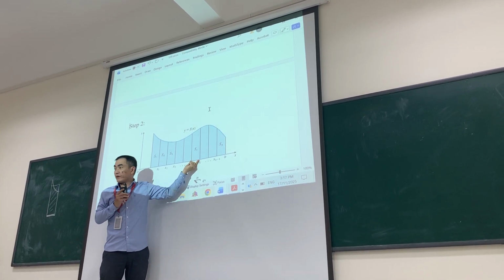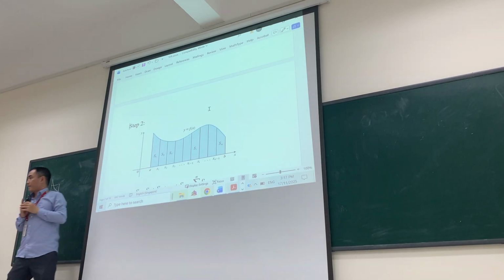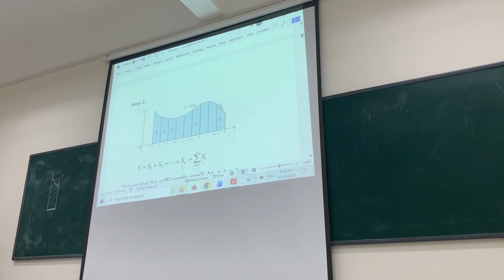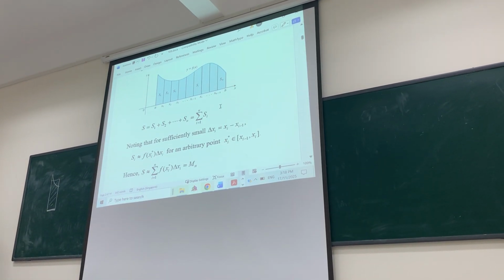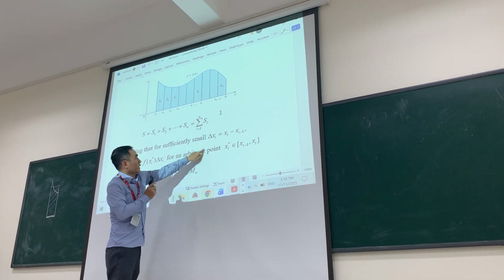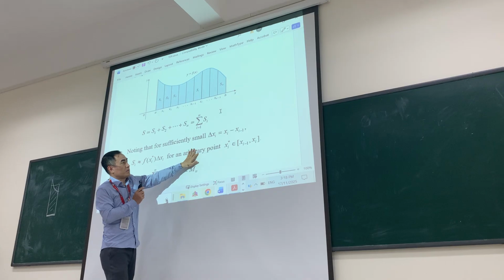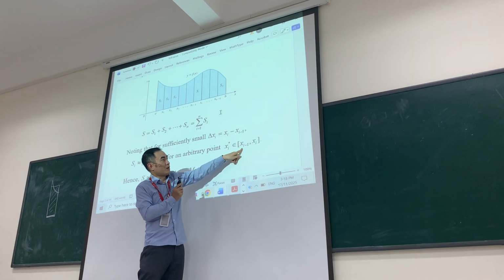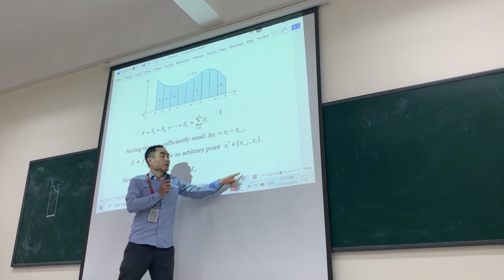If the i-th subinterval is small, take an arbitrary point xi star belonging to the subinterval.